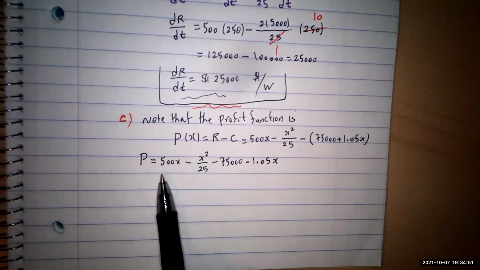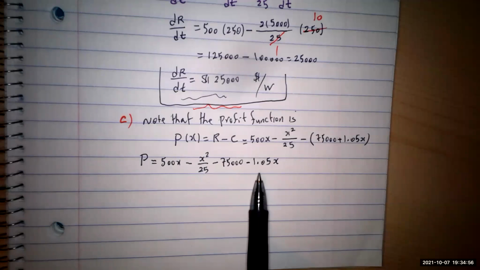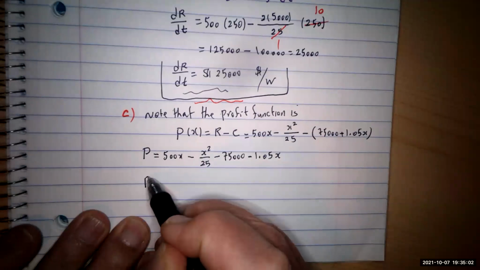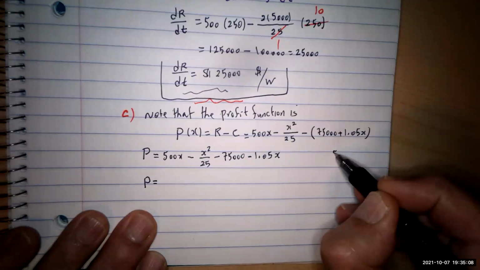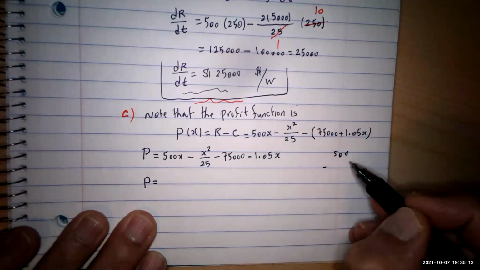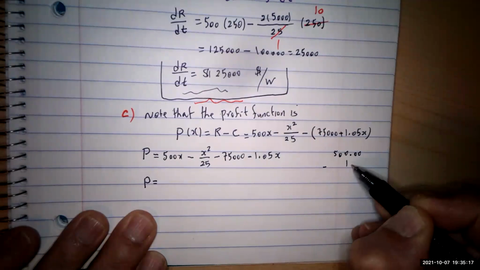Now we can combine the like terms. So it's going to be 500 minus 1.05. You subtract this first and then you differentiate. You can use your calculator.